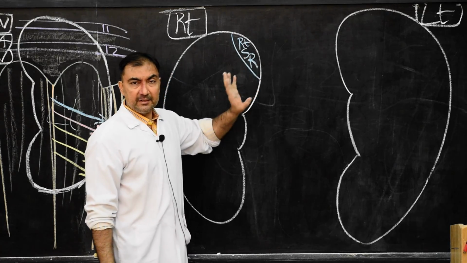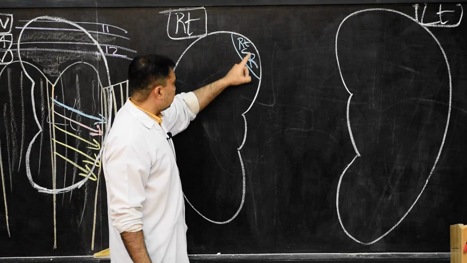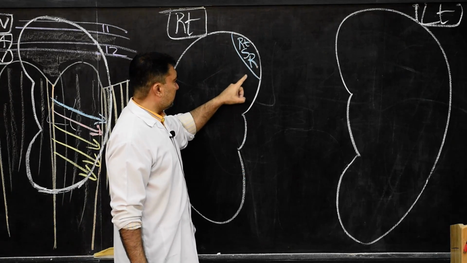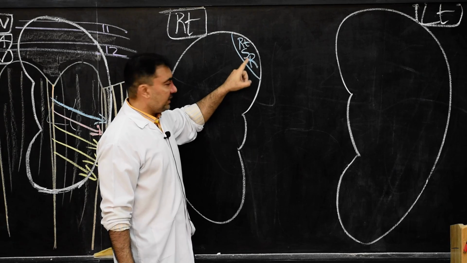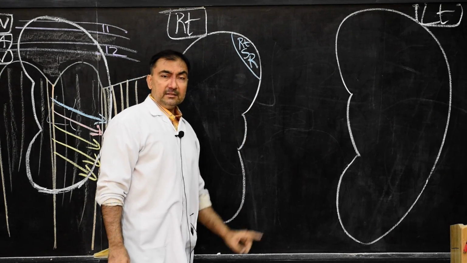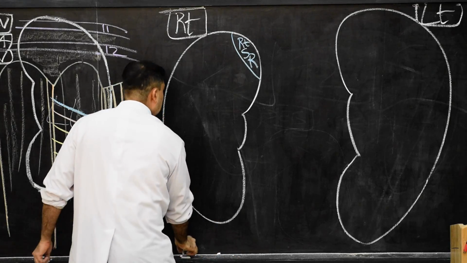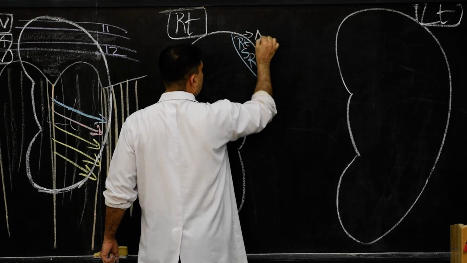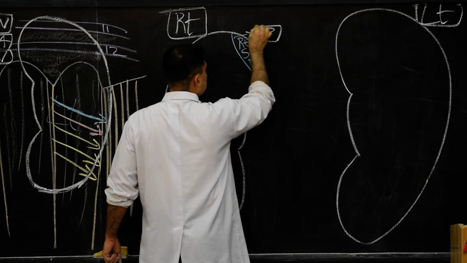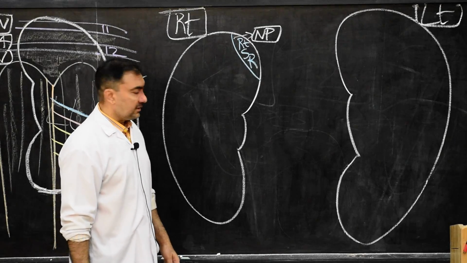Simply remember the diagrammatic impressions. This right suprarenal impression is totally non-peritoneal. So here I am going to mention this as non-peritoneal. Impression number 1 is covered by right suprarenal gland.